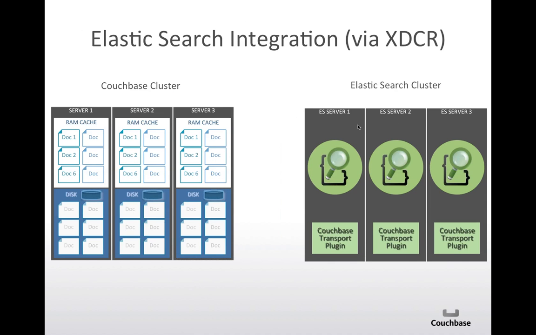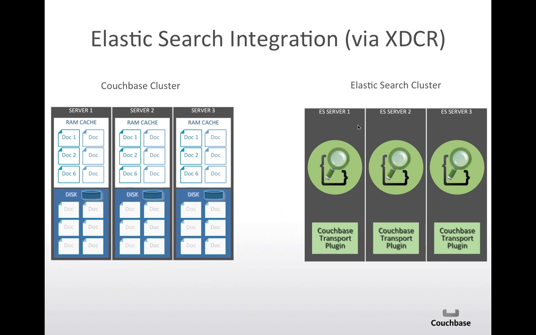Okay. So we also have an Elasticsearch integration. This is for full text search. Underneath, we use the same XDCR protocol for transferring the data from the Couchbase cluster to the Elasticsearch cluster. We have a plugin which is built for this, and it sits in the Elasticsearch cluster.